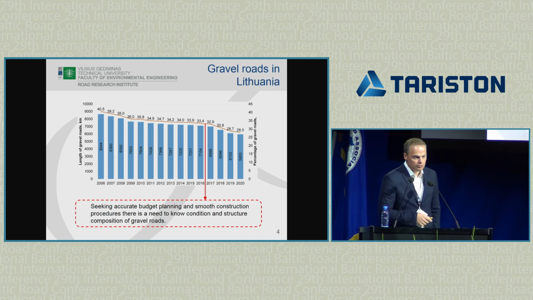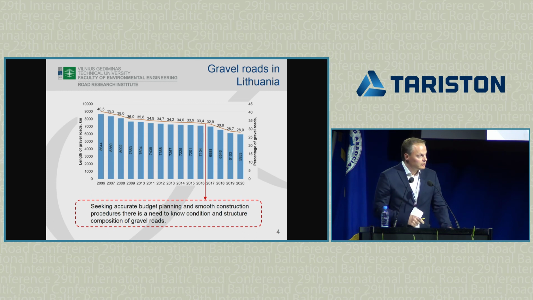And now, starting from 2007, you can see that we are willing to decrease the number of gravel roads. And I can say that it seems that it will be achieved, and starting from 2016, and this year, a lot of gravel roads will be paved in Lithuania.